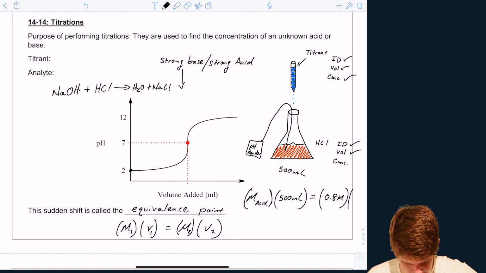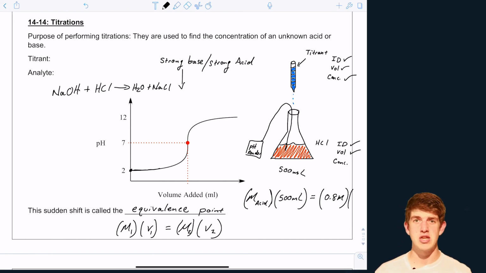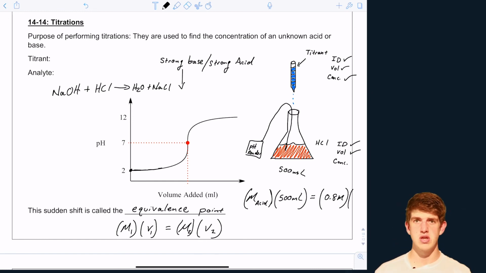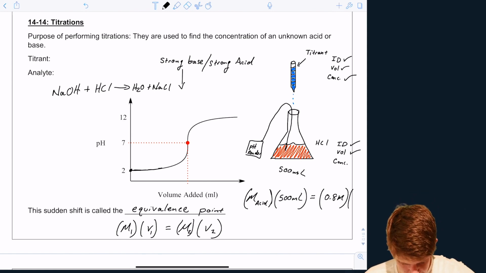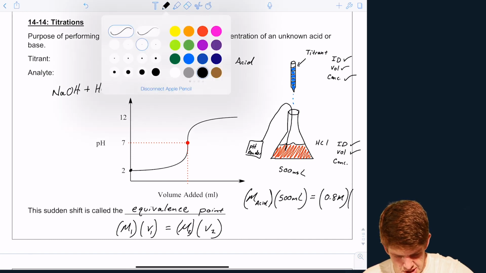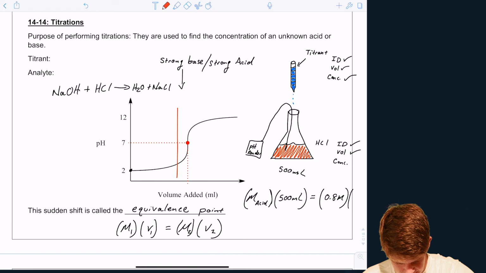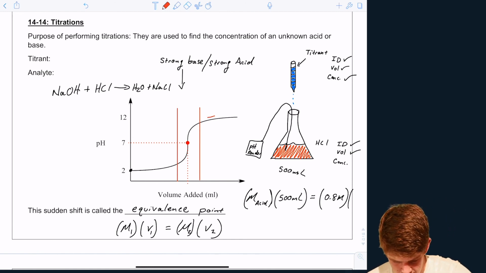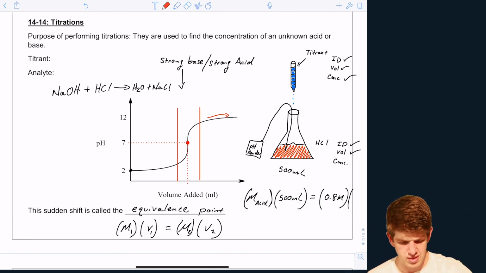And as I continue to add NaOH, I'm going to see the pH start to gradually shift closer towards the pH of NaOH as I add more and more of it. But at some point, I don't just gradually change anymore. There is some definite range where I suddenly have this massive shift up in pH, and then I will start to gradually climb again and have little changes in pH.